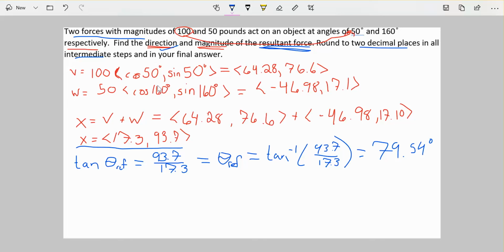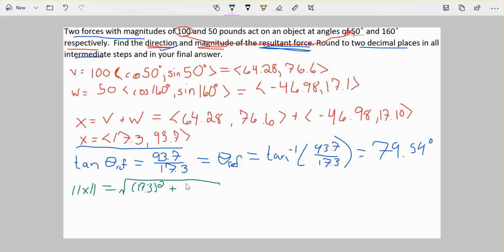We just need to find our magnitude. And remember, when we're doing magnitude, the magnitude of my vector, that's what these symbols mean, I'm just going to use my distance formula on those two pieces. So the magnitude is going to be the 17.3 squared, and this should look like the Pythagorean theorem.